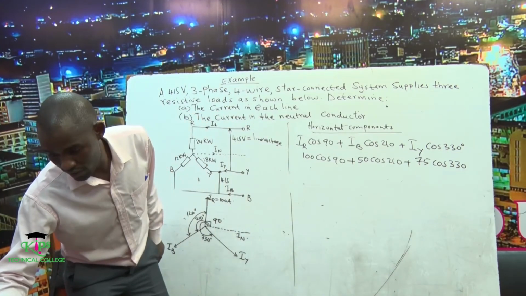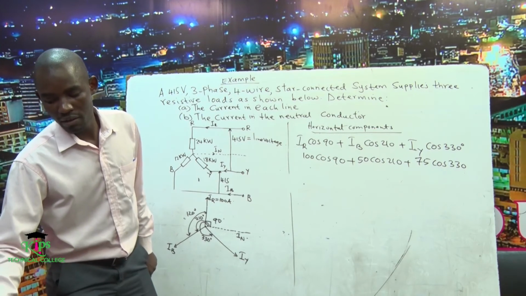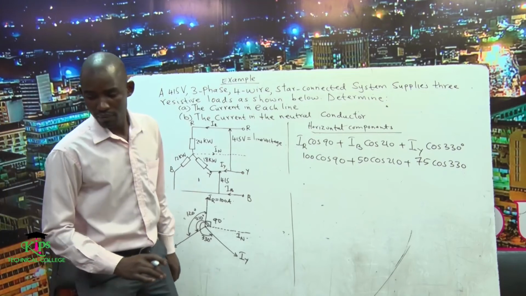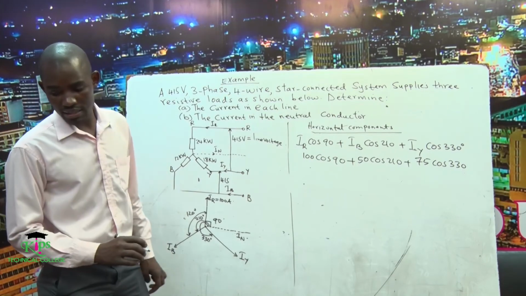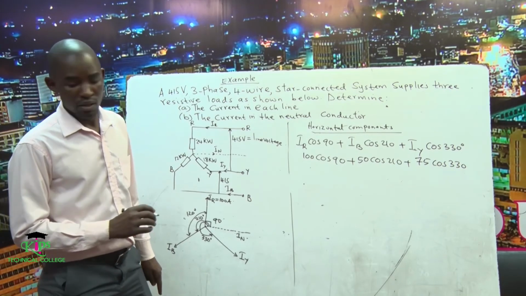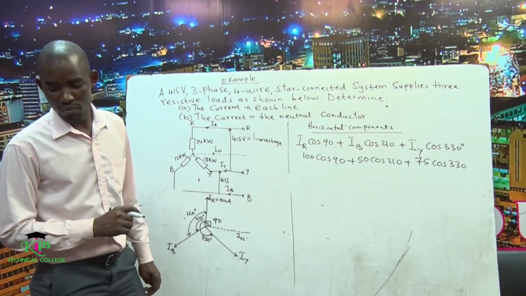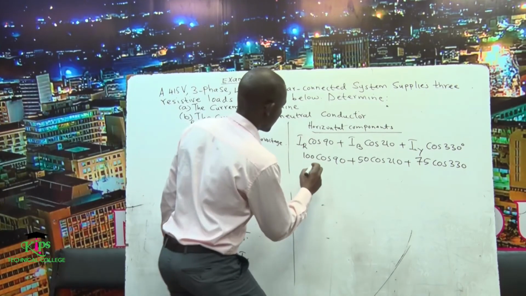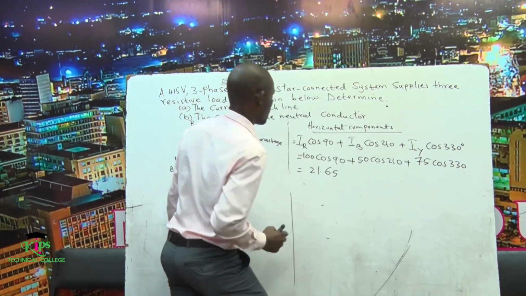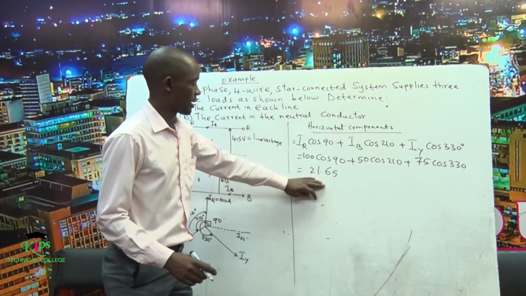So if you move on, you will be expected to generate values of this kind. So in this case, you are expected to get 21. If you add that and the other one, you will be able to get 21.65. This is now the horizontal component.